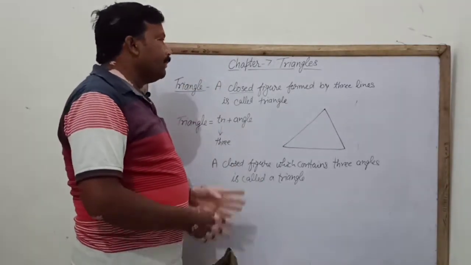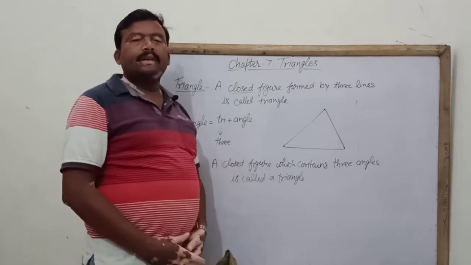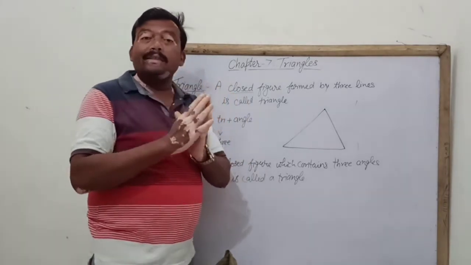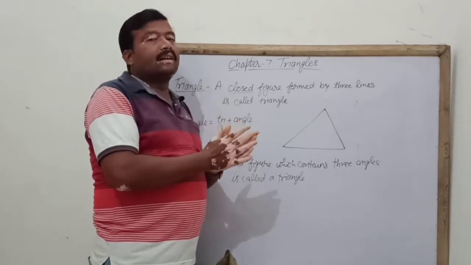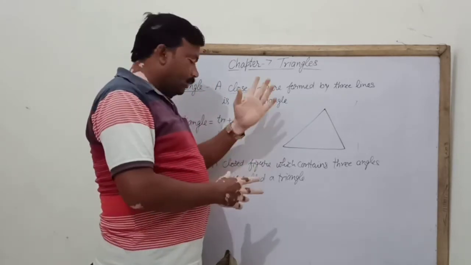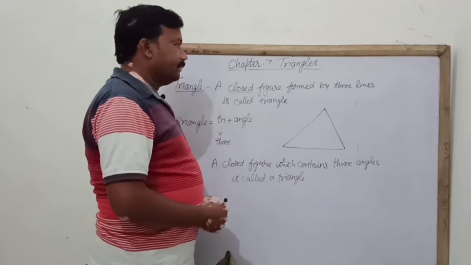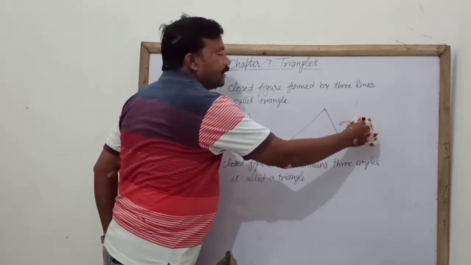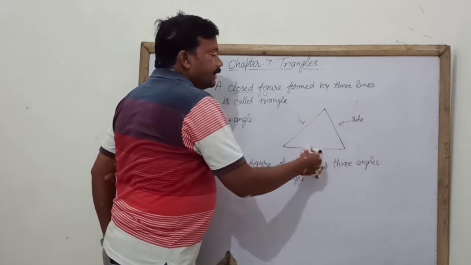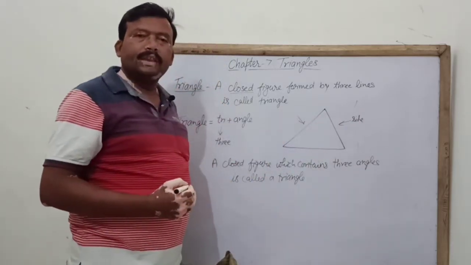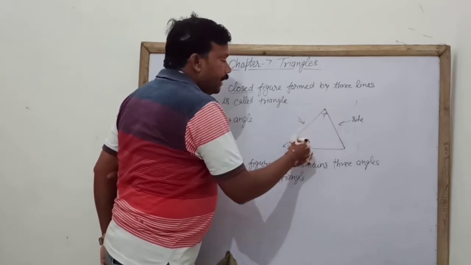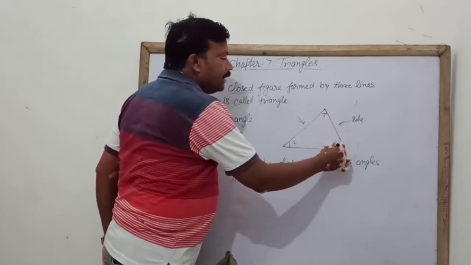We have learned from these definitions that a triangle has three lines, and those lines are called sides of a triangle. So a triangle has three sides: side 1, side 2, side 3. And the angles between these are called angle 1, angle 2, angle 3.